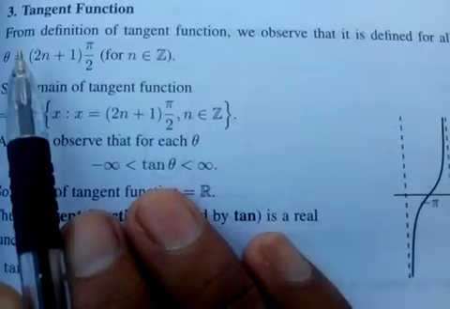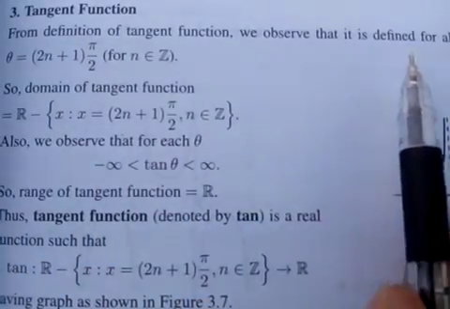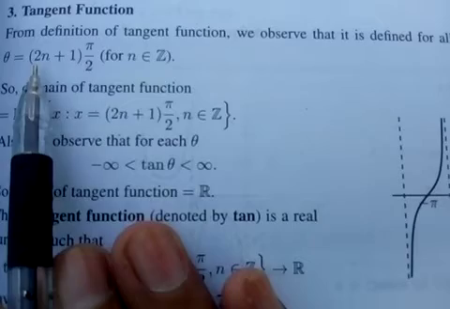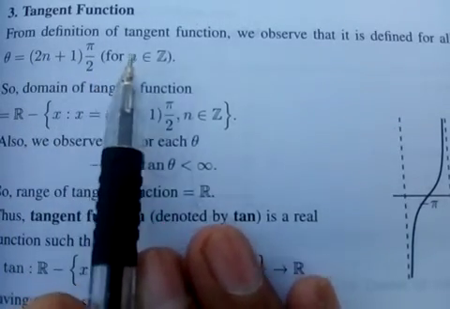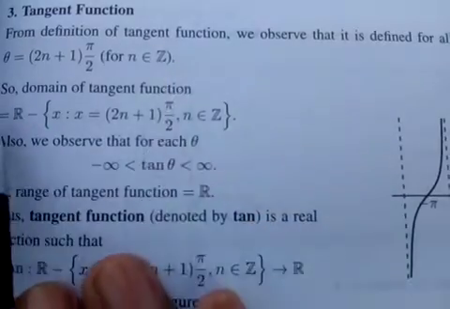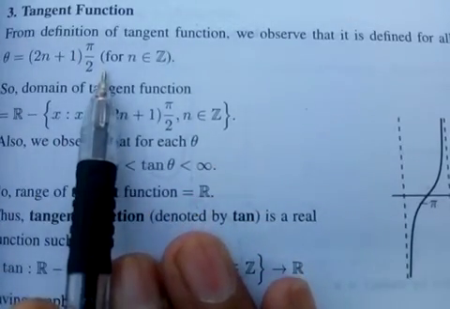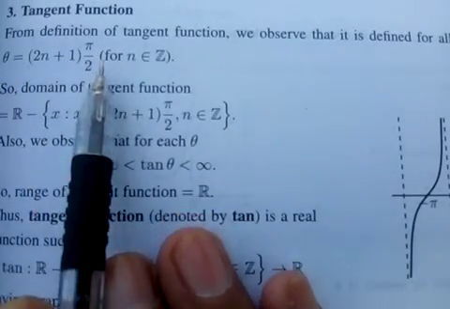Tangent function. From the definition of the tangent function, we observe that it is defined for all real values of theta except for theta equal to (2n plus 1) into pi by 2 for all n belongs to Z, because tan pi by 2 is not defined. So we remove theta equal to (2n plus 1) into pi by 2.